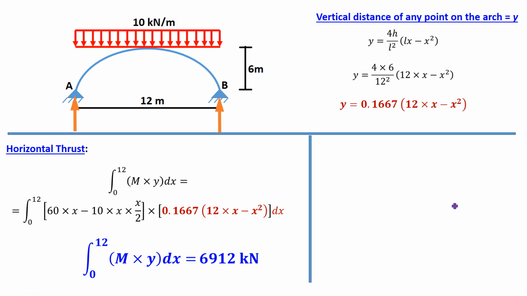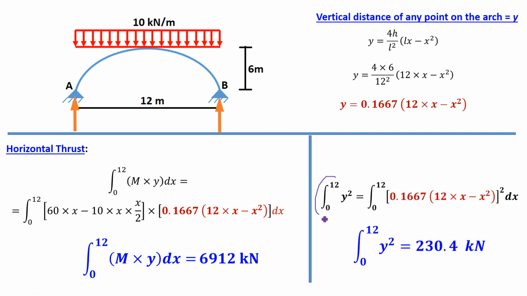Now the denominator is the integration from 0 to 12, left support to right support, that is A to B, of y square. If you put this y here, square of that, don't forget integration with respect to x. If you perform this integration and substitute the limits, the answer is 230.4.